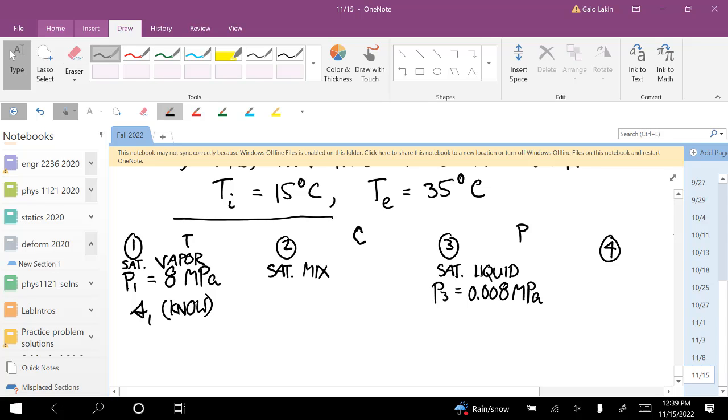And we know that S2 is equal to S1, because that turbine is isentropic. And we also know that P2, since the condenser is constant pressure, P2 is equal to 0.008 megapascals.